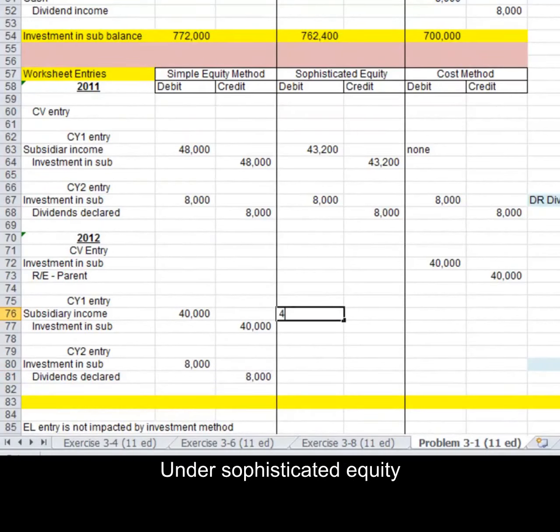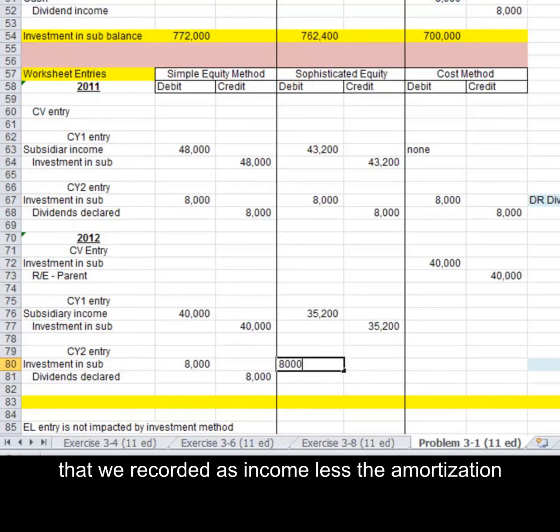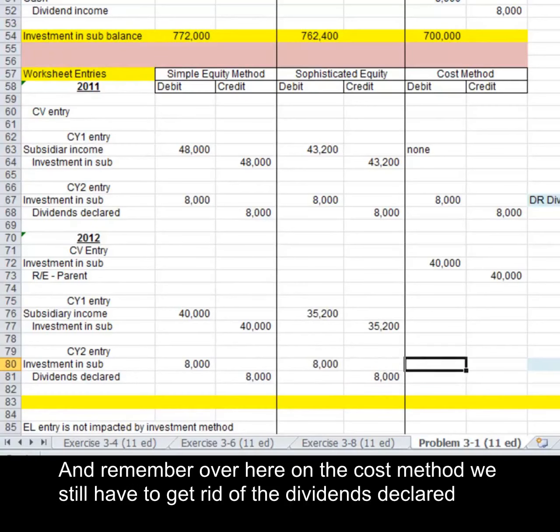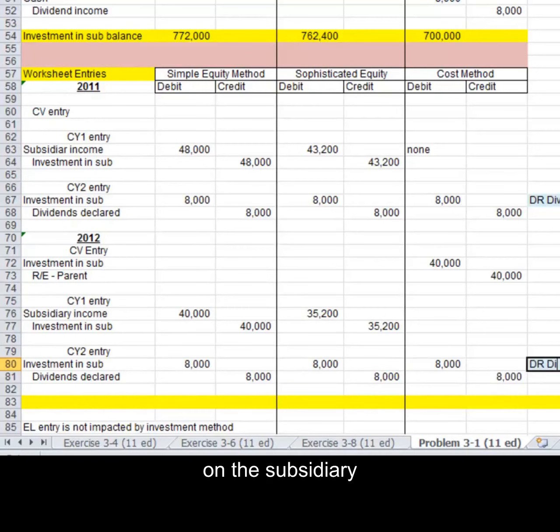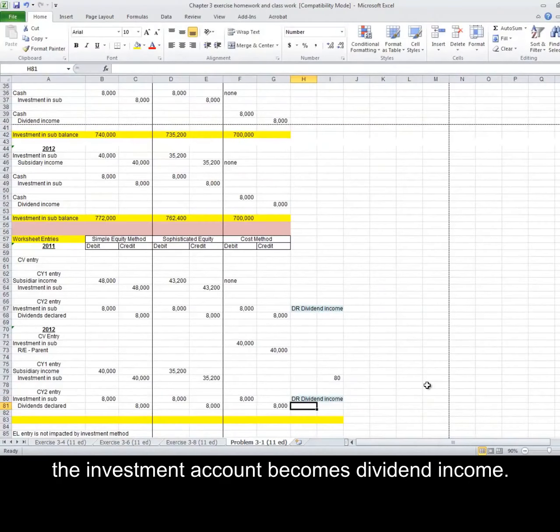Under sophisticated equity, we're going to eliminate the 35,200 that we recorded as income less the amortization and reverse out the dividends. And remember, over here on the cost method, we still have to get rid of the dividends declared on the subsidiary, but our debit, instead of being the investment account, becomes dividend income.